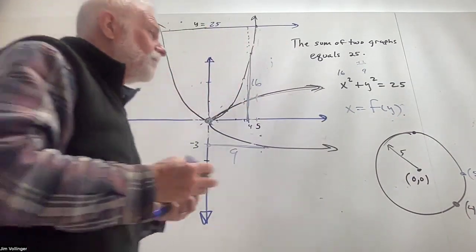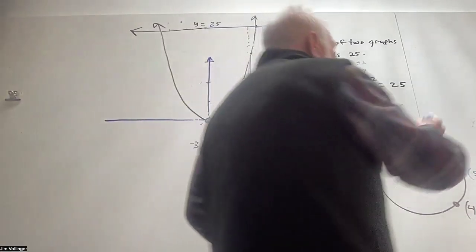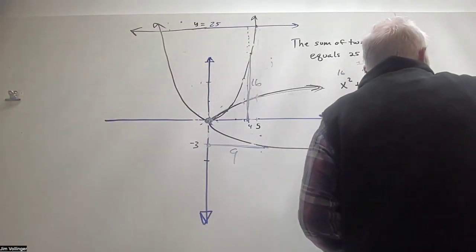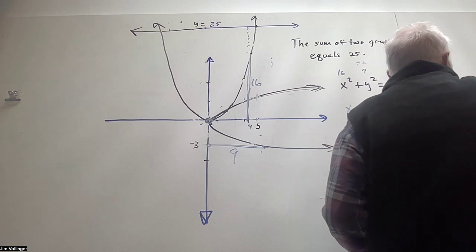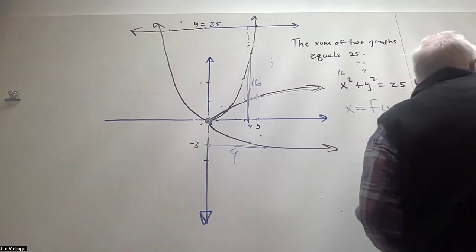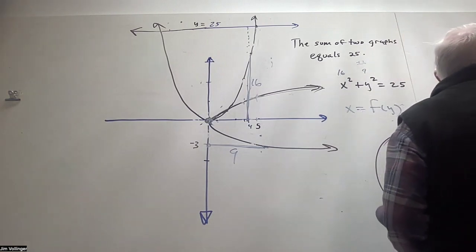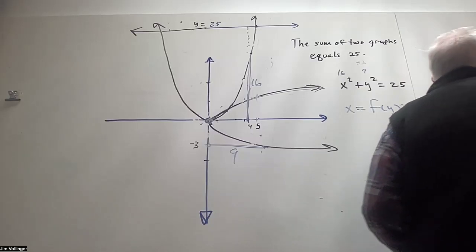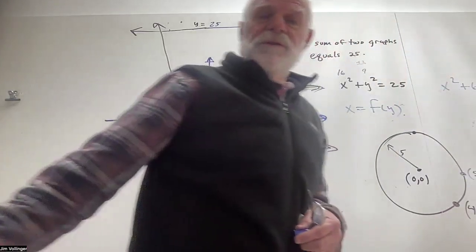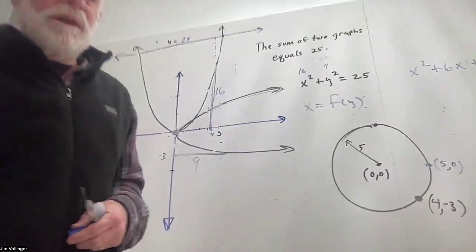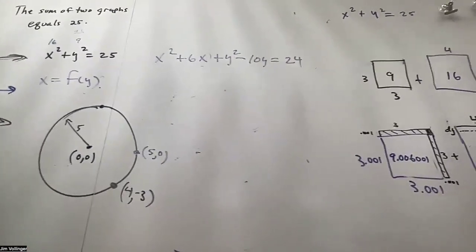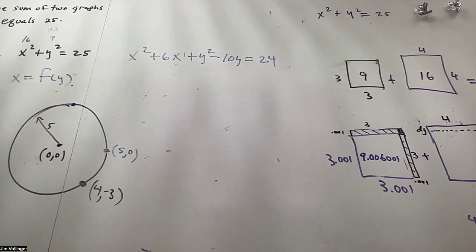And now I'm on this topic because we've been trying to write x squared plus 6x plus y squared minus 10y equals 24. We've been trying to change those into the Pythagorean relationship based on squares. So that's what prompted this discussion. And we're going to continue with it and build off it.